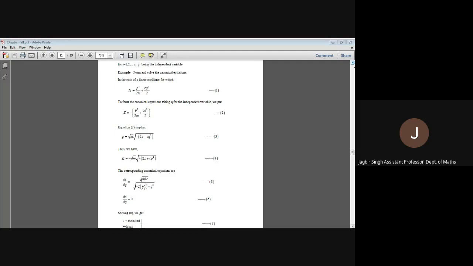From here we can evaluate the value of p, and that value will be p is equal to square root of m times square root of minus 2Z plus cq square. Thus k, which is minus p, will be minus square root of m upon square root of minus 2Z plus cq square. And thus dt by dq1, it will be using the Hamilton canonical equation.